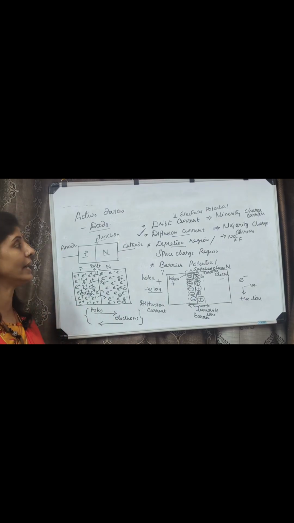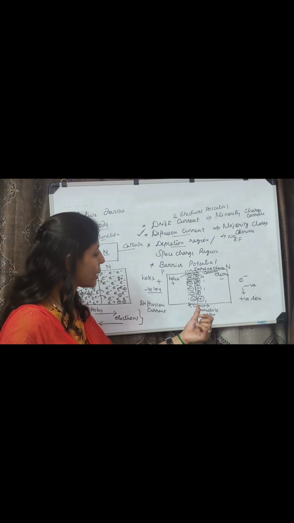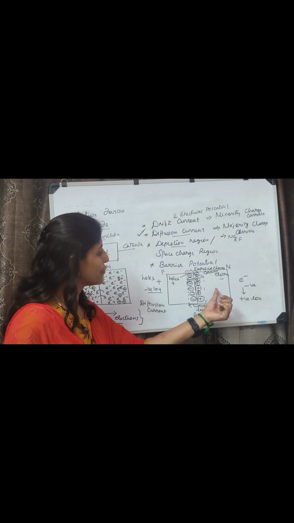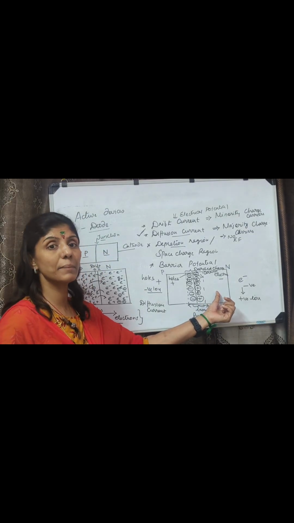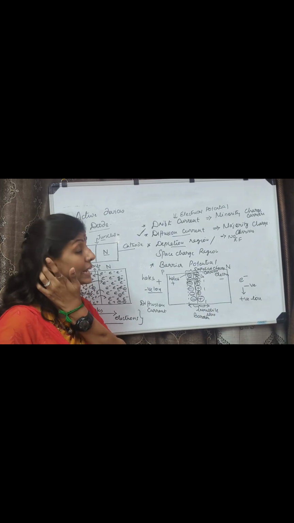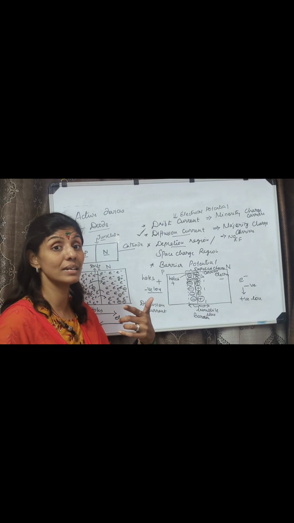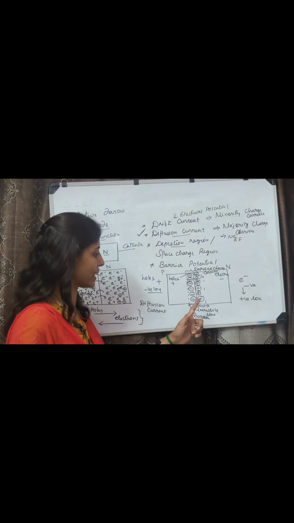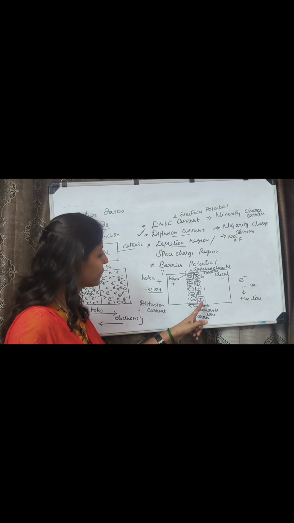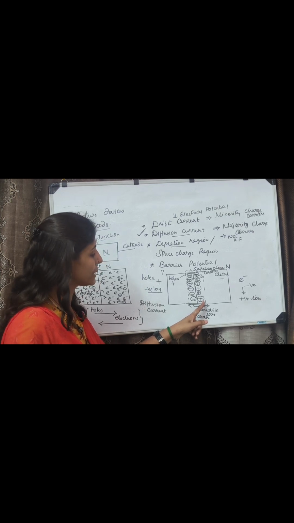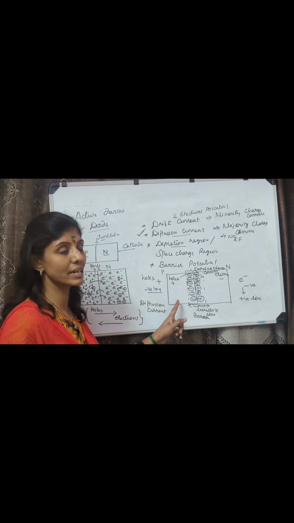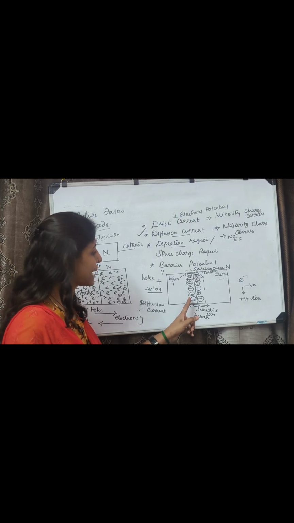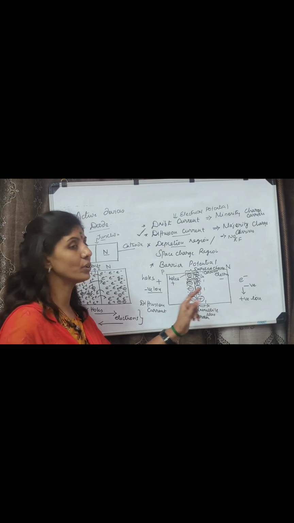So what is a drift current? It is the movement of minority charge carriers. Come to this part. Here for the N region, which are the minority charge carriers? Holes are the minority charge carriers. For the P region, which are the minority charge carriers? Electrons are the minority charge carriers, right? So these carriers try to move from the barrier region to the next region, and the others move from this region to that region.